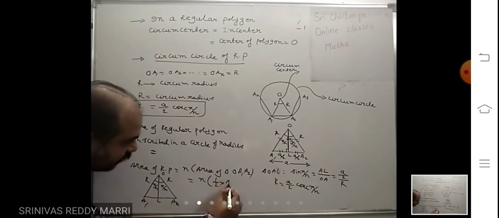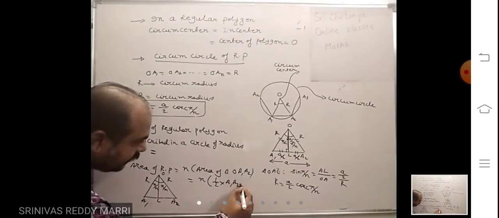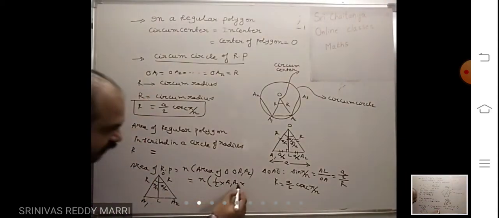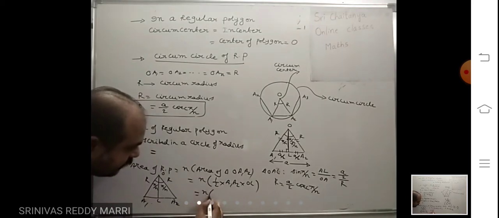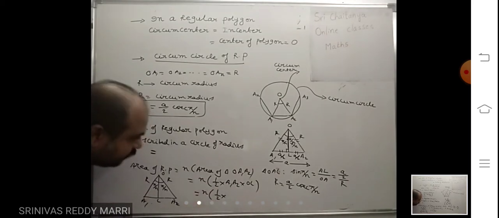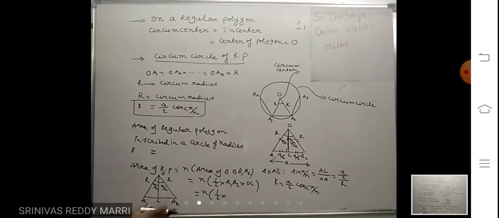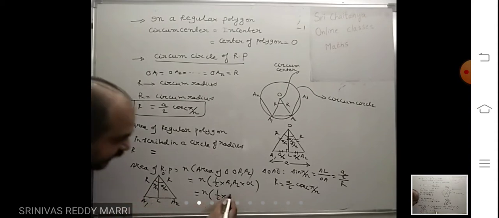Base is what? A1A2. Height is what? OL. That means n into 1 by 2 into A1A2. A1A2 is nothing but I can write twice A1L.